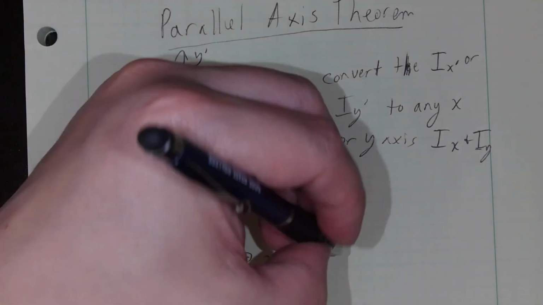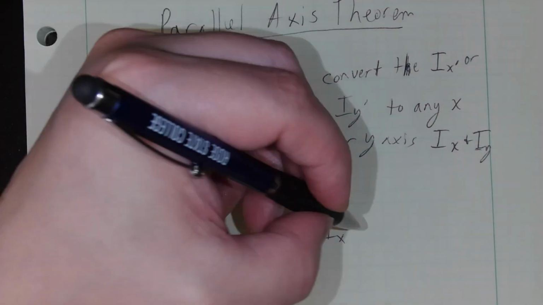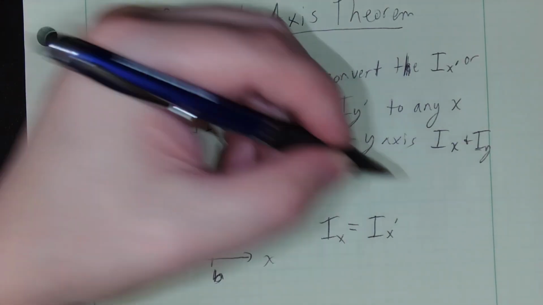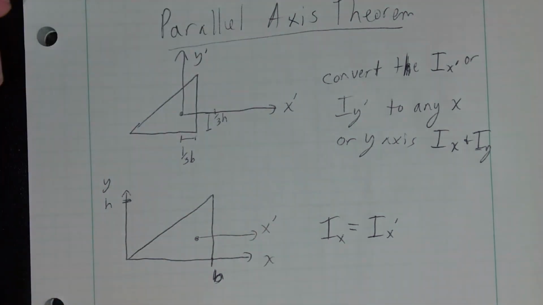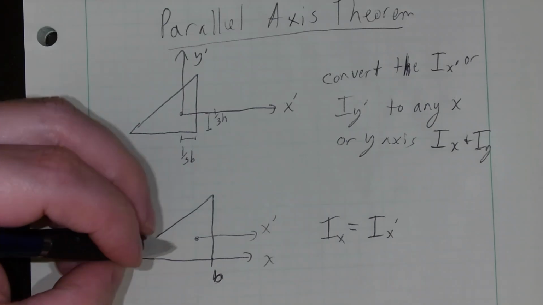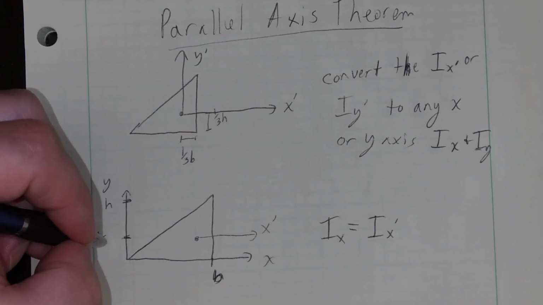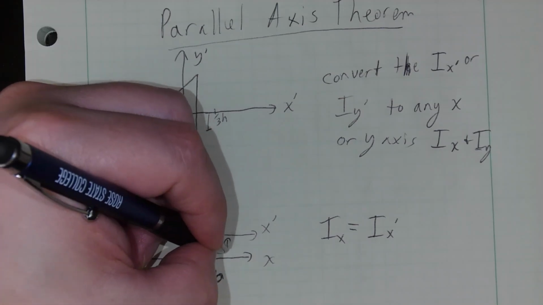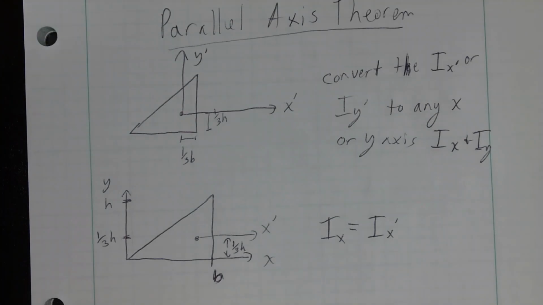And if I want to know the moment of inertia about this x-axis, I can take the moment of inertia about the x prime axis, which passes through the center, and 1/3 h is going to be the distance between those two axes.